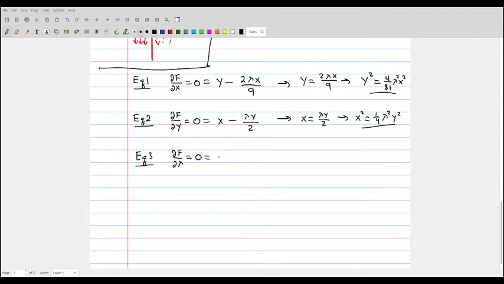This is going to be negative times (x over 3) squared plus (y over 2) squared minus 1 has to be equal to 0, which is just the equation of our constraint, or (x over 3) squared plus (y over 2) squared is going to be equal to 1.